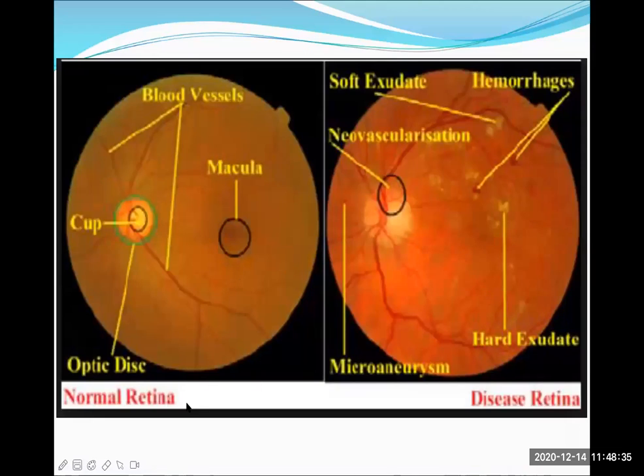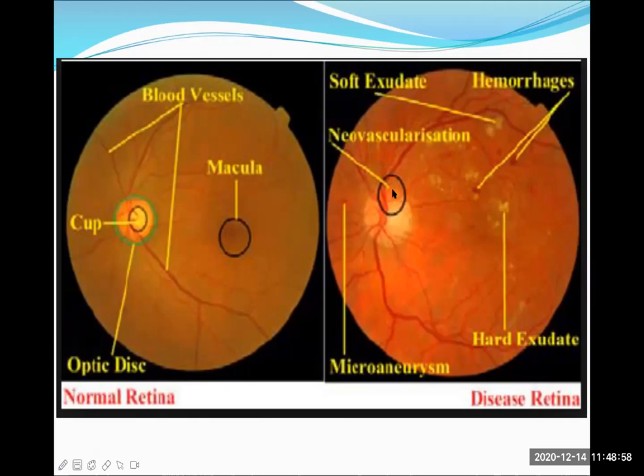Now, this is a normal retina and this is a diseased retina. See this. This is the optic cup. Here is the optic disc. This is the macula, and these are the blood vessels. This is a normal retina. This is an abnormal one. Why is it abnormal? There are different things. There is hemorrhage, a dot-like appearance.